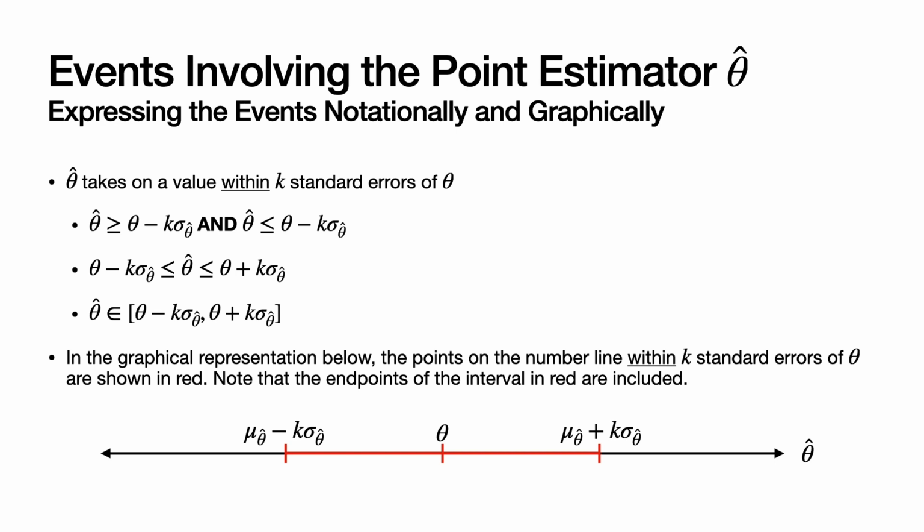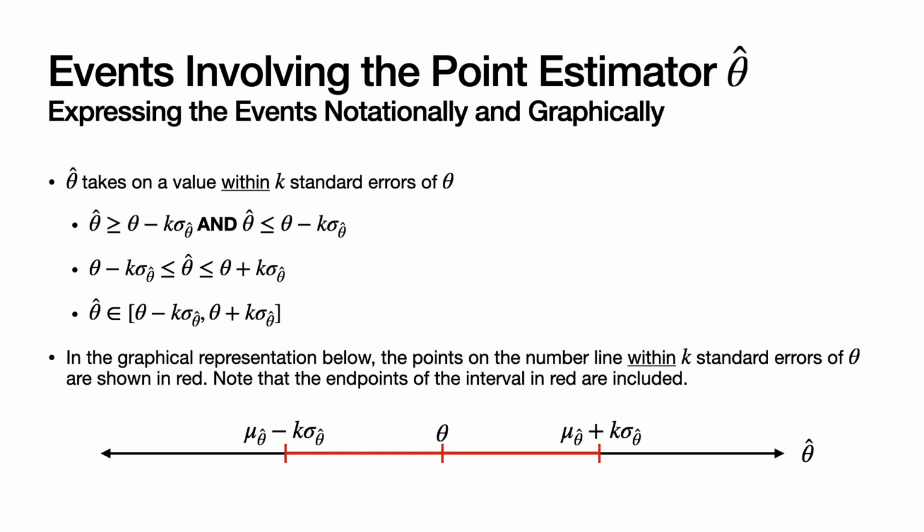It can also be represented by the second bullet point, where we see that theta hat is greater than or equal to theta minus k times the standard error of theta hat, and also less than or equal to theta plus k times the standard error of theta hat.